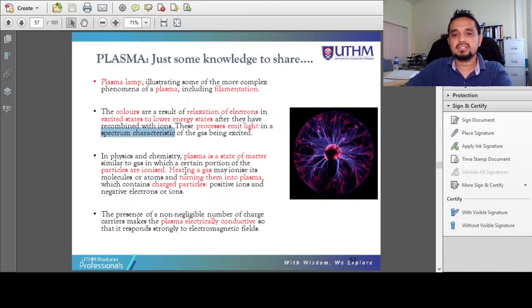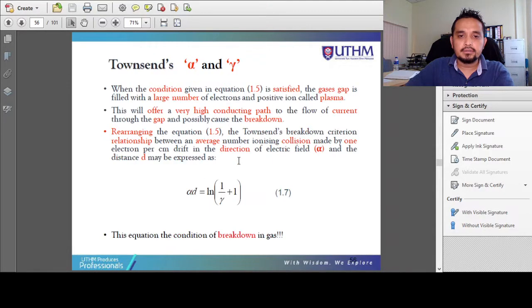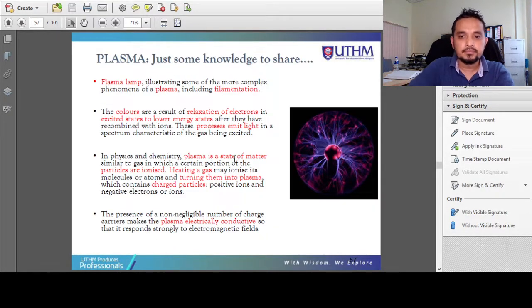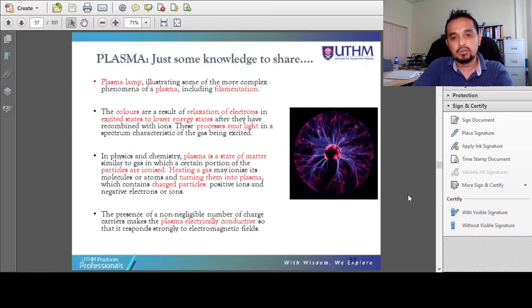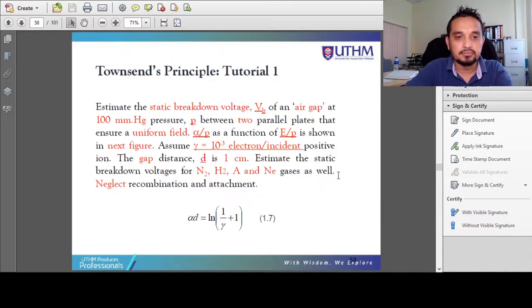For normal breakdown, it's just a simple arc, where we can see an orange color. The plasma scenario happens when a huge number of electrons and protons cause the breakdown, and it starts to produce a spectrum of color like this one. That is what we call plasma.